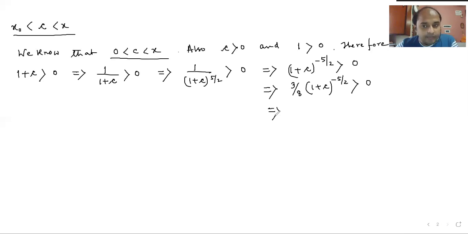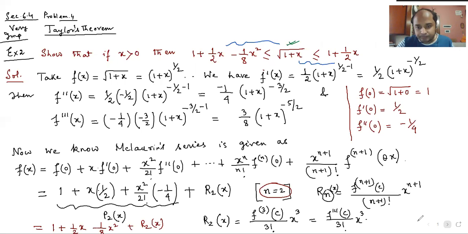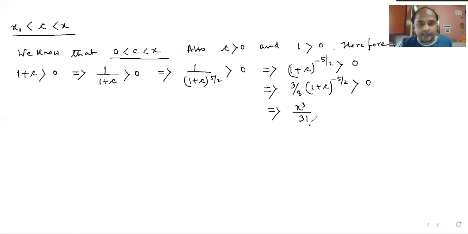And x cubed by 3 factorial, 3 by 8, 1 plus C to the power minus 5 by 2 is also positive, since in the question it is given that x is positive.